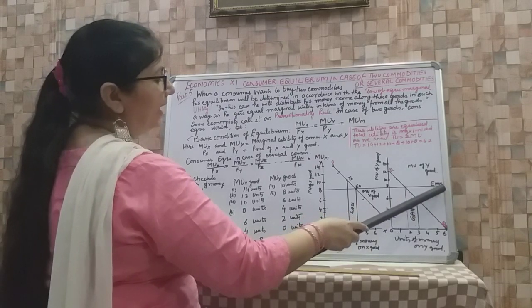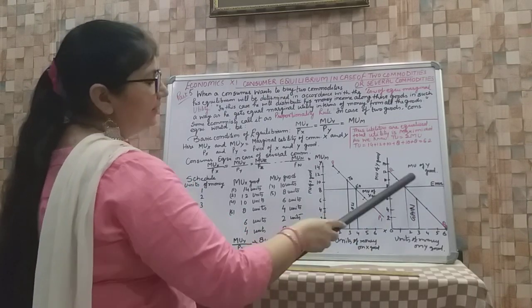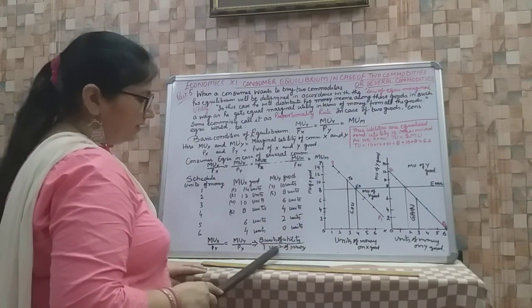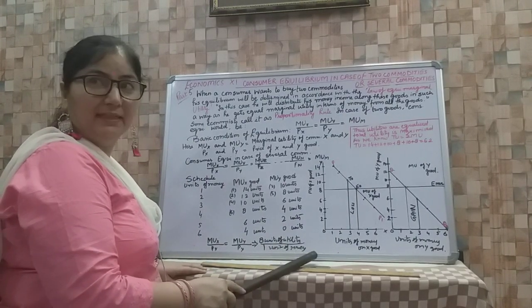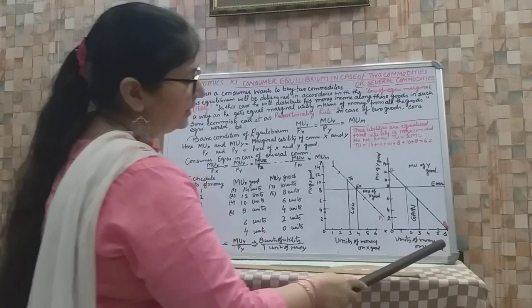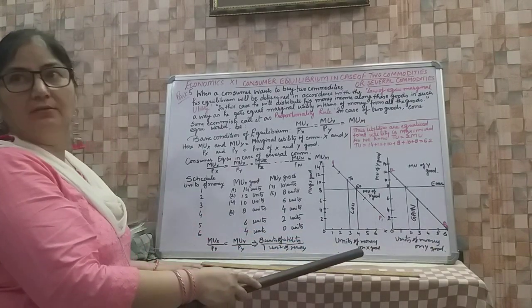And this line, EMUL, will show that the 8 units of utility is bought with 1 unit of money. And we can get the consumer equilibrium with this situation.